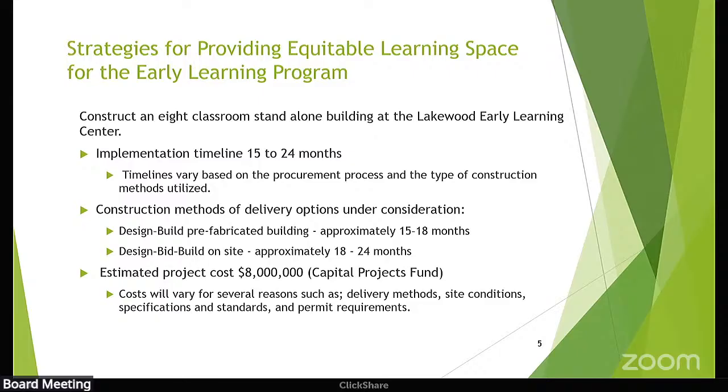The other 2 that we were looking at were a GCCM, which is an alternative bid method for larger projects. This project does not meet that criteria. And then we also looked at design-build, which is a new trend that a lot of districts are going to. After looking at it, we have some concerns that we would have very little say in it and in the cost overruns and things like that.